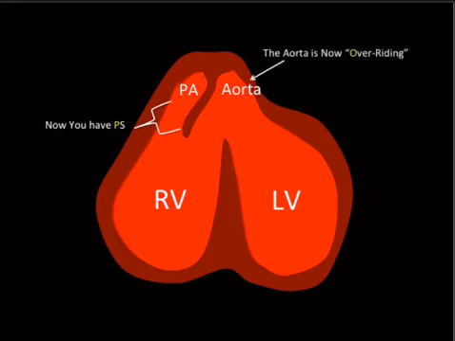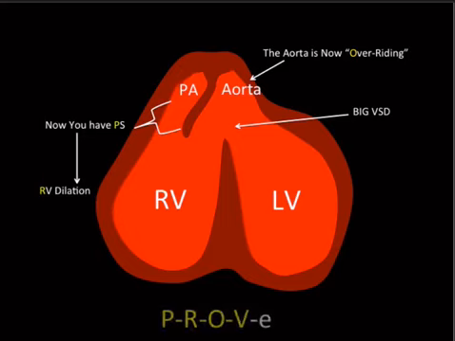Your aorta is now overriding. You've got a big honkin' VSD, and because you've got pulmonic stenosis, you develop right ventricular hypertrophy, and remember that's what causes that upward tilting apex, and that occurs late. That's not present at birth. So there you go. So it's all because of that malalignment that occurs at the top of the septum there.